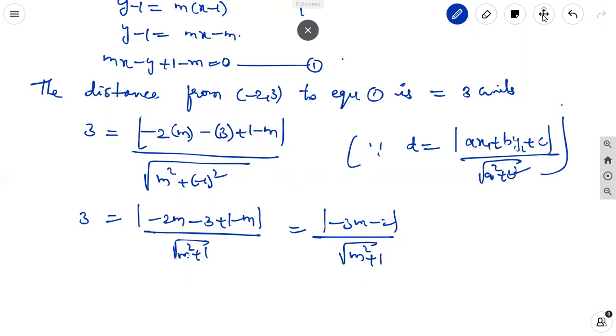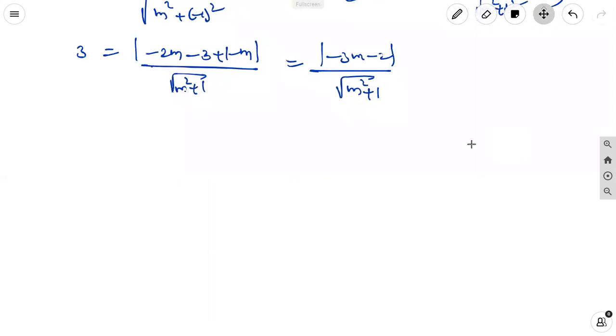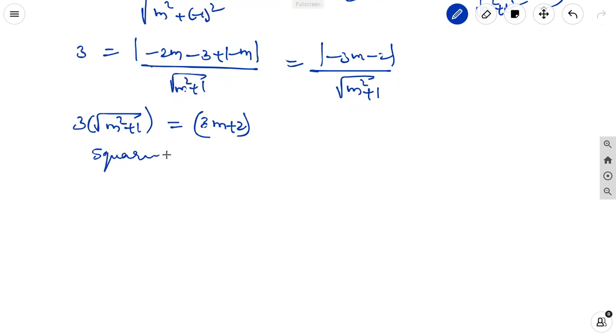Cross multiply: 3 into under root of m square plus 1 is equal to 3m plus 2. Minus is common from the two terms, and because of the modulus it goes away. Now squaring on both sides.